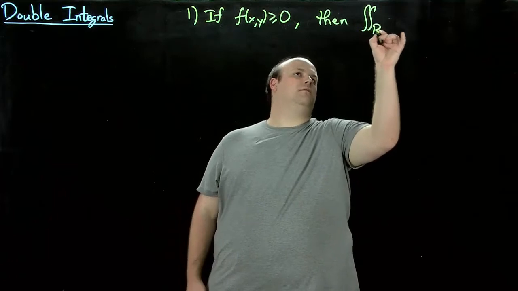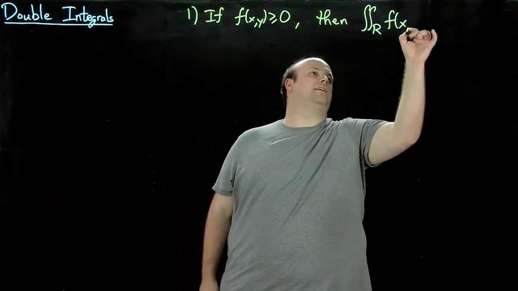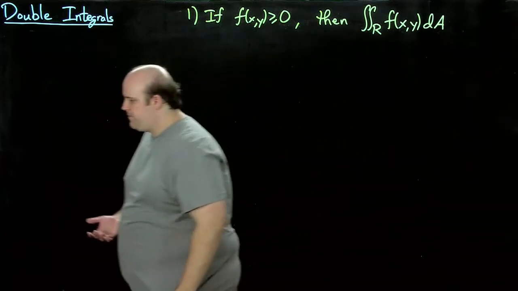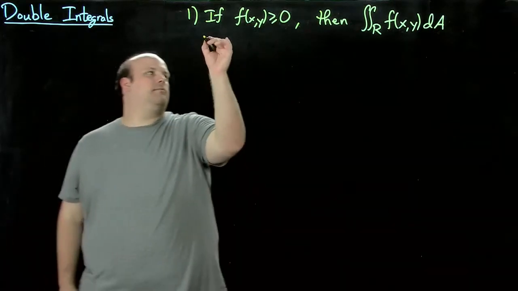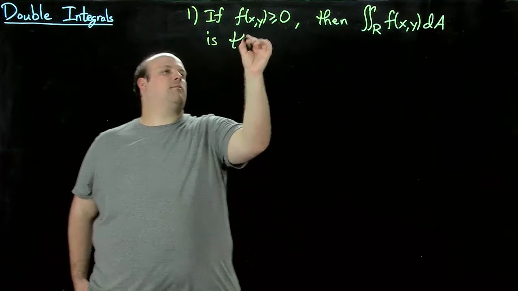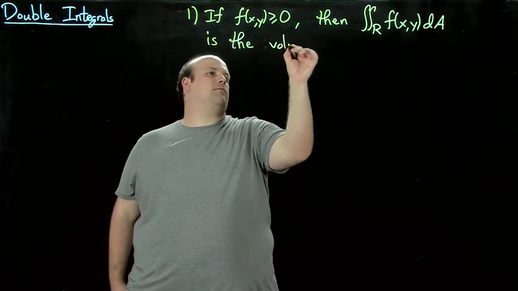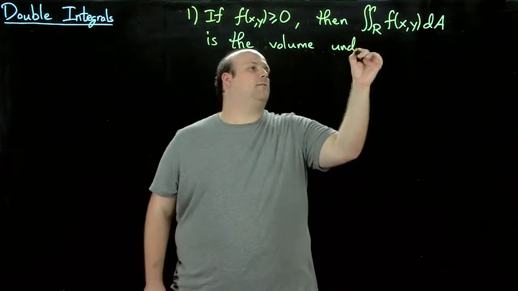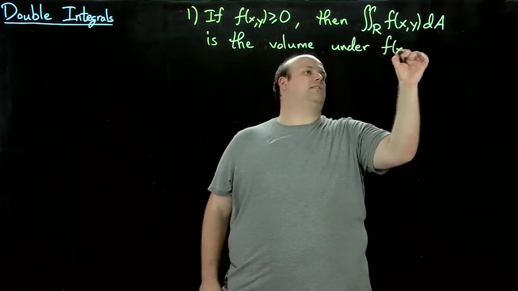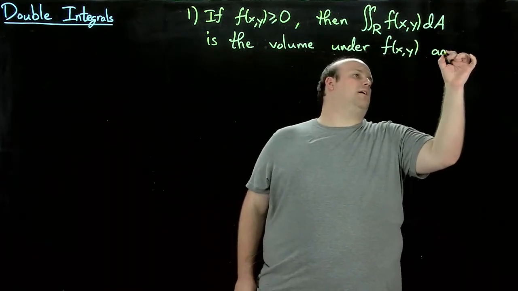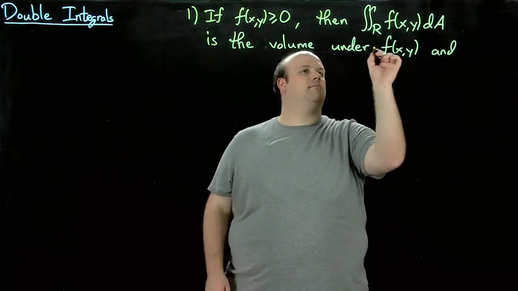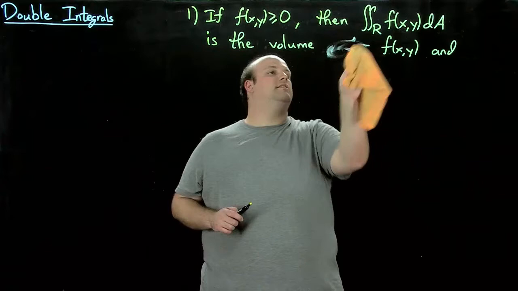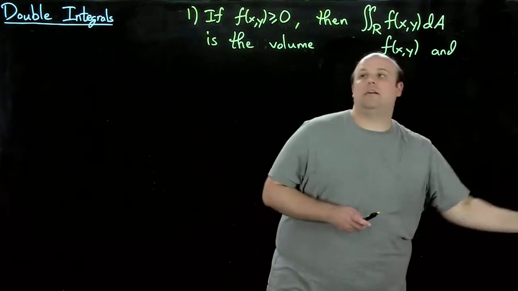the number given by integrating the function over a rectangle is the volume under f of x y, and not just f of x y, but the graph of it, so z equals f of x y.